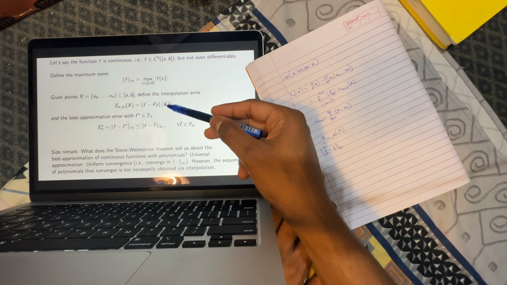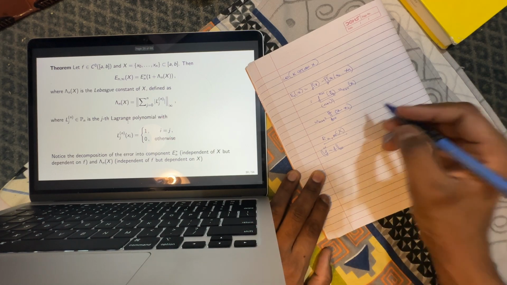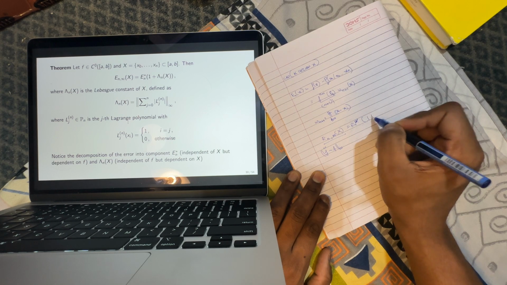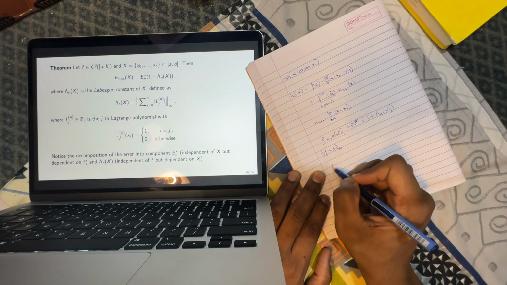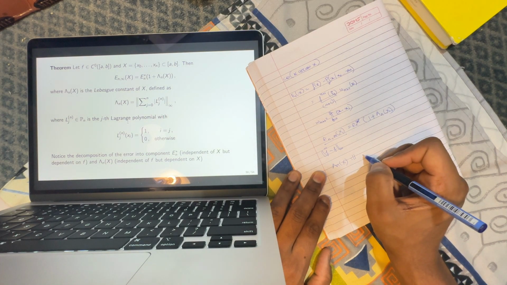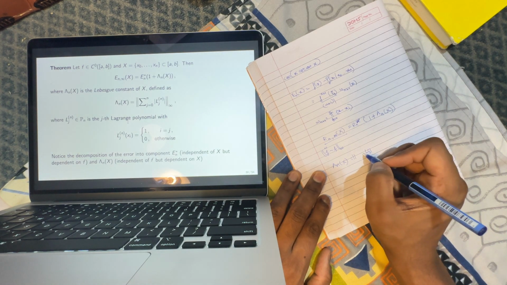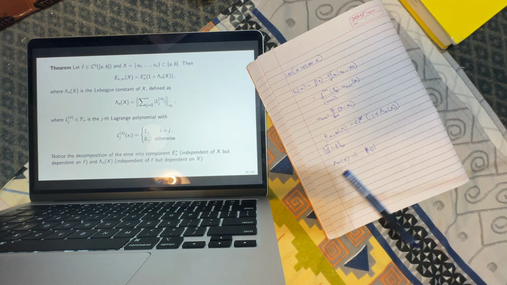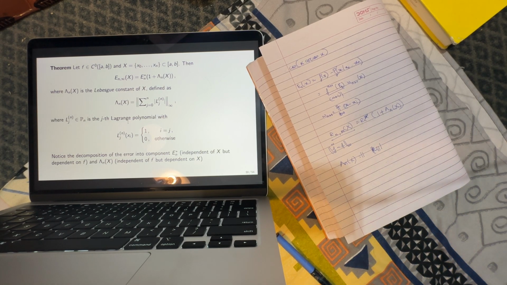Yeah, f tilde minus f infinite norm is equal to En star, that's the best possible, times 1 plus lambda n of x, where lambda n of x is the norm, the maximum of the sum of Lagrange polynomials. I see. It's the max of Lagrange polynomials.